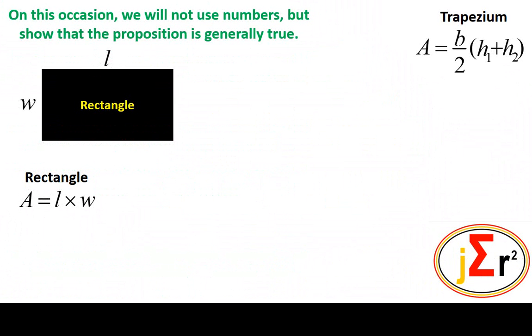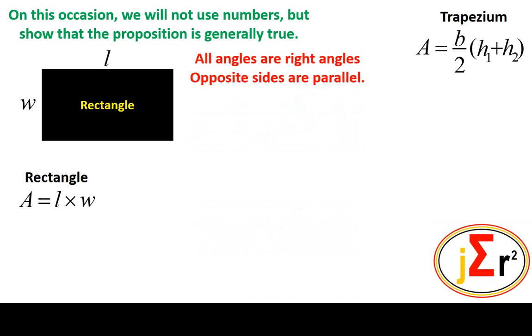On this occasion, we will not use numbers, but show that the proposition is generally true, that at least when it concerns the area, the area of a rectangle may be shown to be the area of a trapezium. All angles are right angles, so we'll just include those.